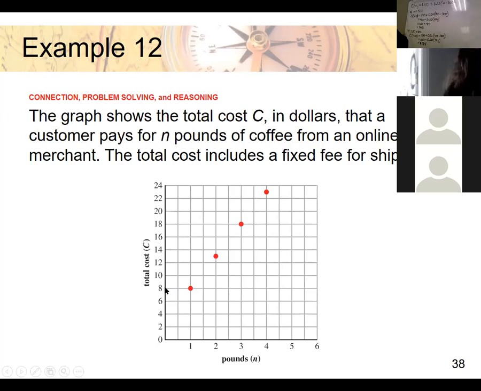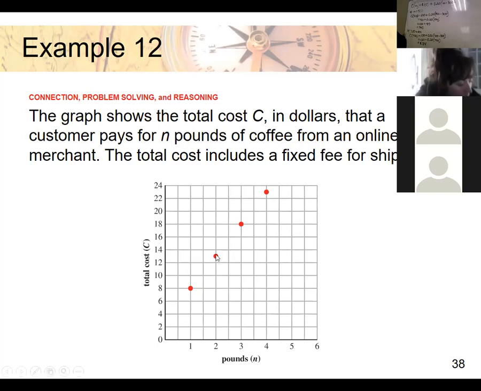The cost for 1 pound of coffee is $8 total. And then for this point, for 2 pounds of coffee, it was $13. Let's look at the difference here. What's the difference between 18 and 13? Yeah, what's the difference? It's 5. So in this case here, each pound of coffee would cost $5.